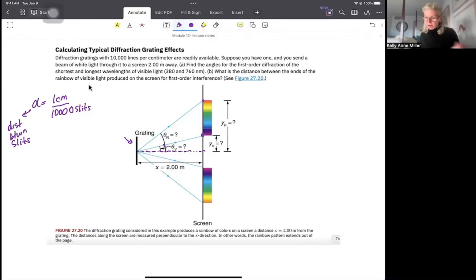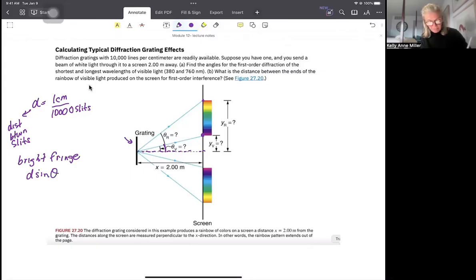Okay, so we need to know what the wavelengths are for violet and red to be able to solve this. First of all, we know that the bright fringe obeys the same condition as it did for the double slit.